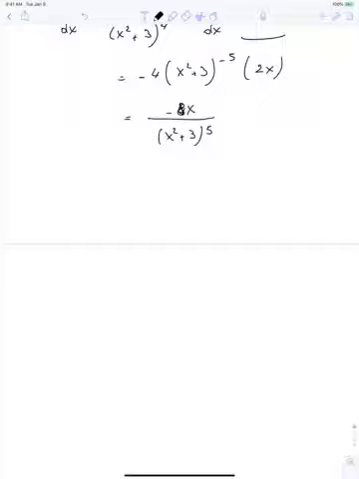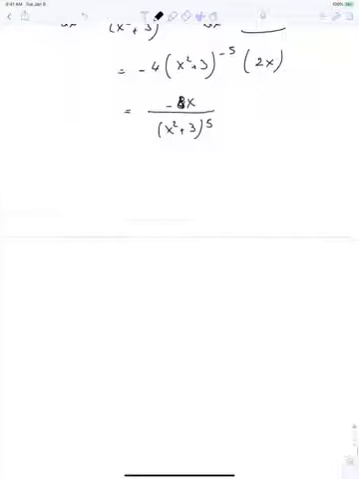Okay, let's do something a little bit more challenging, although I don't think we're going to study such complicated functions. We're going to have the log of the sine square of 2x plus 3.